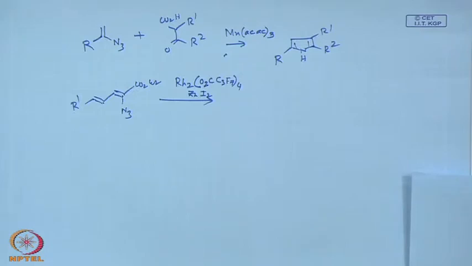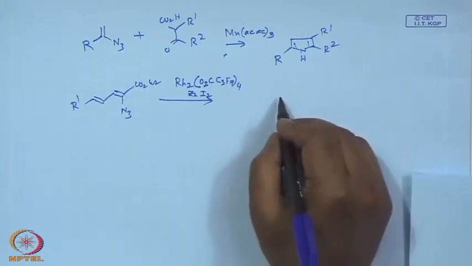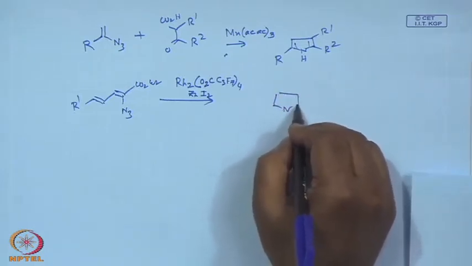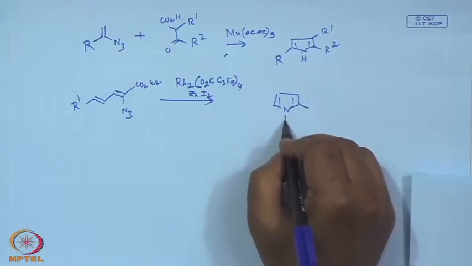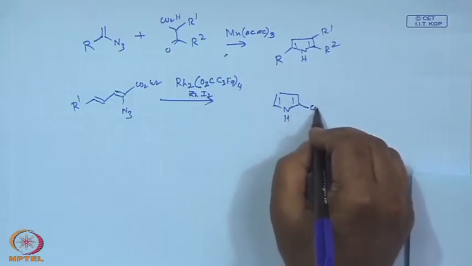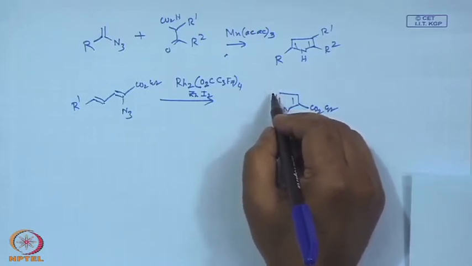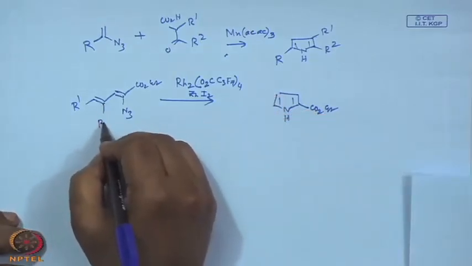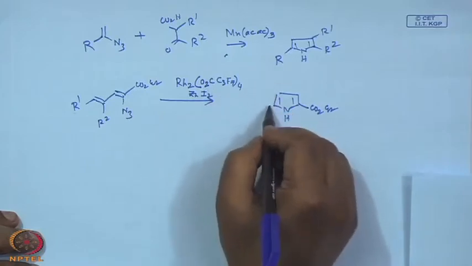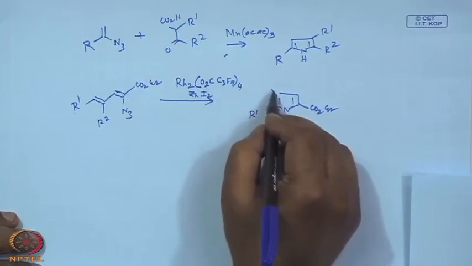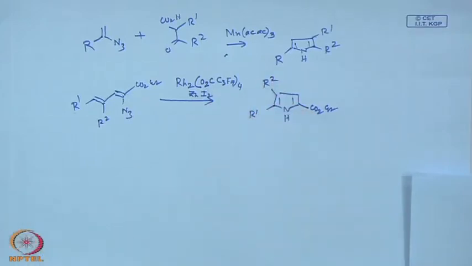What do you expect? You expect here once again a pyrrole, and many of you can guess what the mechanism is, right. Let us say we put R2 here. So, it is R1 on this side, R2 here on this side. So, what is the mechanism?